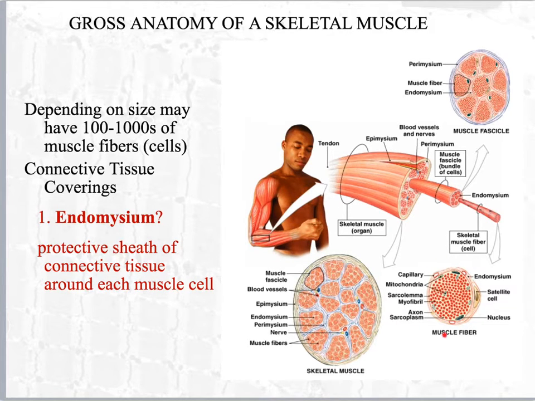So here you can see a single muscle fiber. And those muscle fibers are surrounded by what's called an endomysium. So that's a sheath of connective tissue that surrounds each muscle cell, around the sarcolemma.